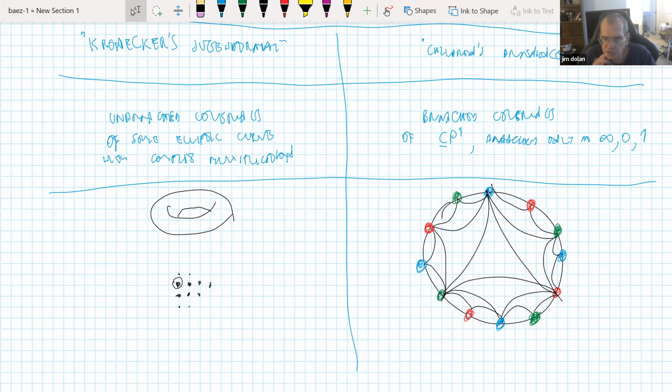Suppose you had a child's drawing that didn't move around under the action of some particular element of the absolute Galois group. So it would be fixed under that element. And in fact, this universal one would be fixed under every element.